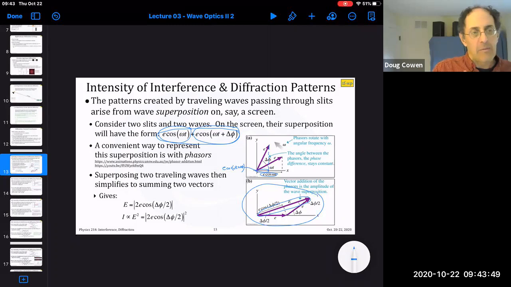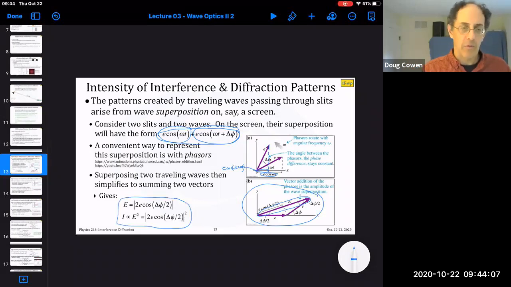the process of superposing two oscillating waves is just adding two vectors together with phasors. And if you do that, you will get the following two expressions. The first one is for the amplitude of the resultant wave. So that's this long vector over here.